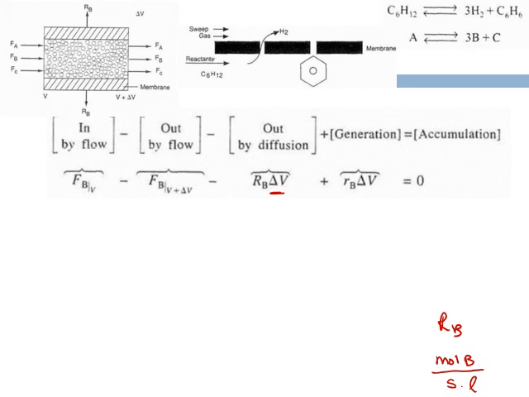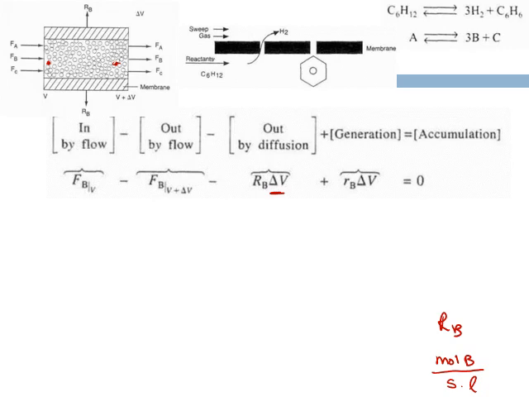One could argue and say, oh well, RB, the rate of diffusion per unit volume, changes from here to here. And you will ask why it's changing from here to here. Well, you will say, voila, the diffusion depends on the concentration gradients, right? So I might have more B here, so the diffusion will be large.